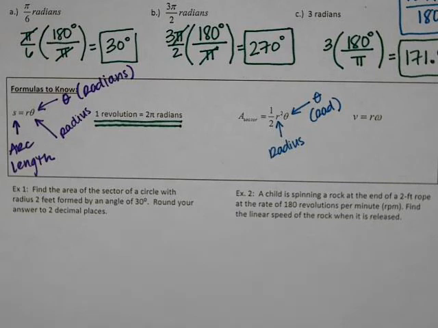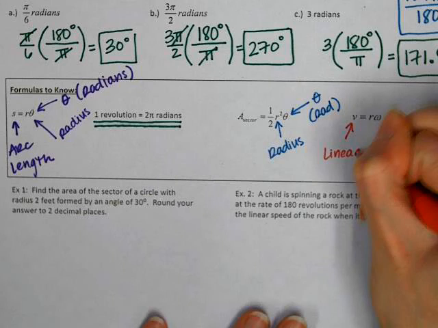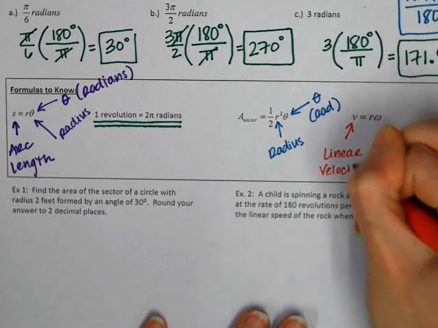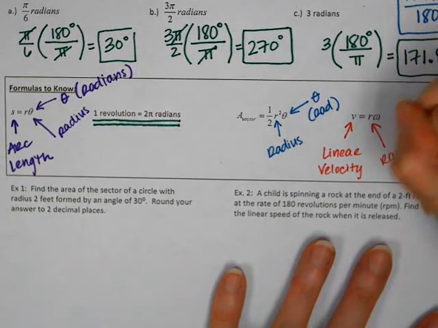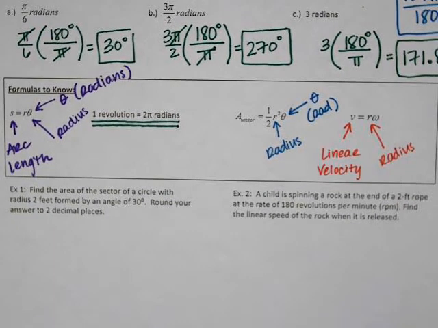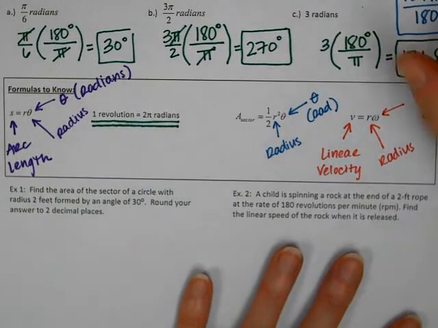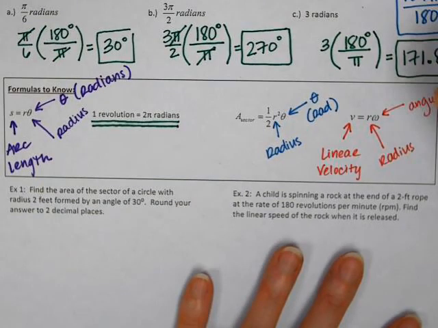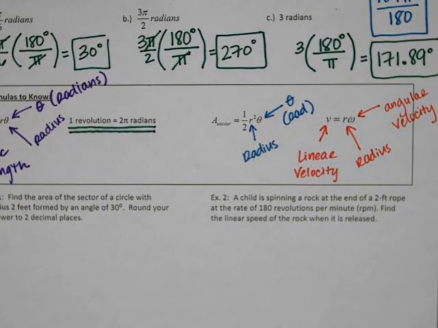And then lastly, v is the linear velocity. R is the radius. And this little W looking thing is the angular velocity. Oh, you guys can't see that. Angular velocity.